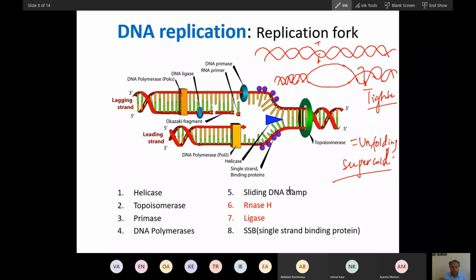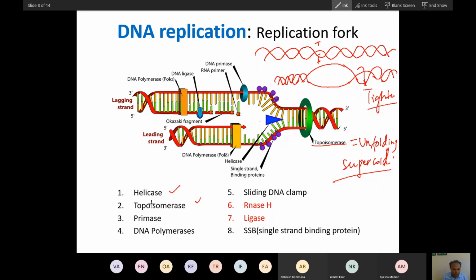Unfolding of supercoil. So I have already told you the function of helicase: helicase breaks the bond and creates a replication fork, and then topoisomerase releases the tightening of the coil, releasing the supercoil.